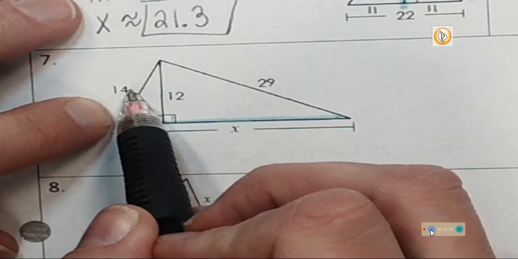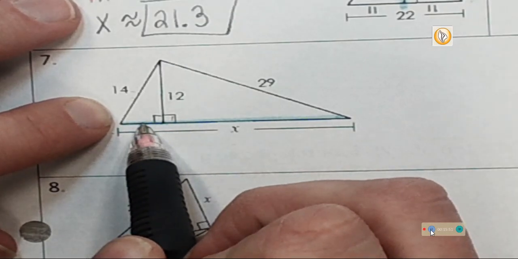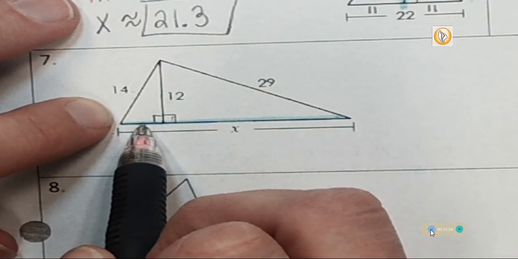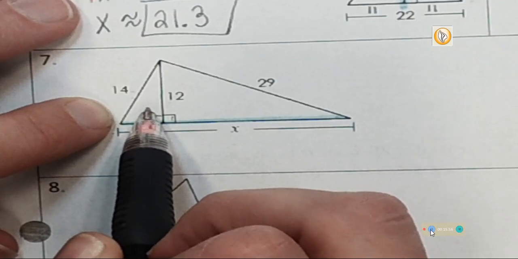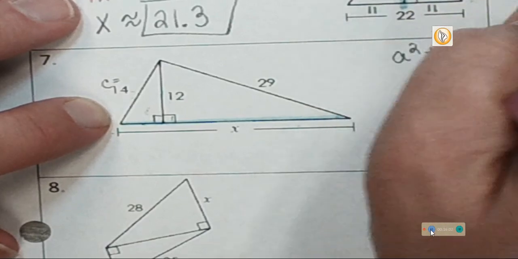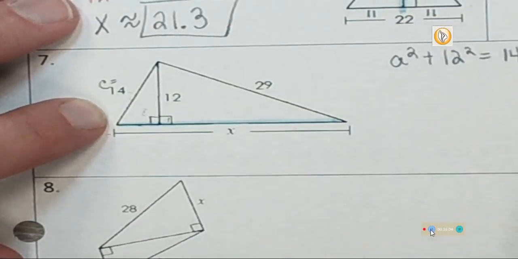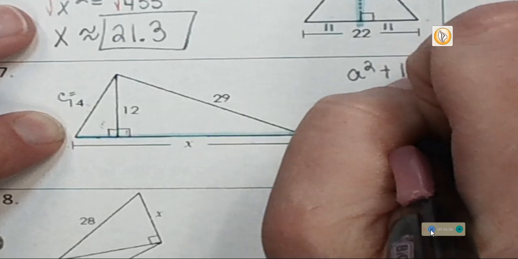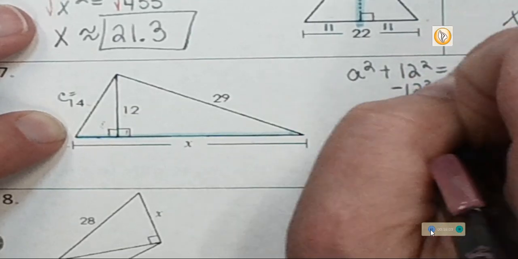So, focus your attention on this smaller triangle right here. This 14, 12, and this side. Do you know the hypotenuse? What's the hypotenuse of this smaller triangle? 14, so that's C. So I'm going to call that a squared plus 12 squared equals 14 squared. And so I'm going to subtract 12 squared from both sides.